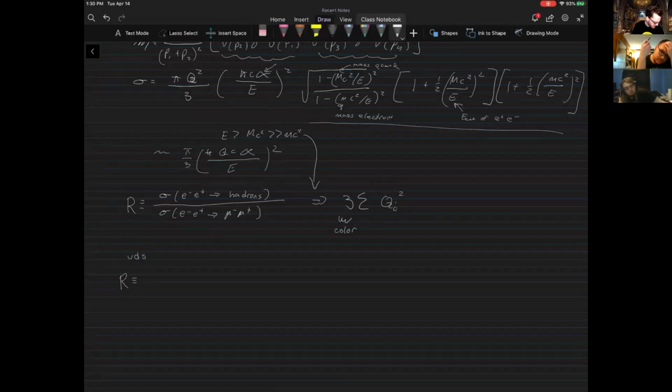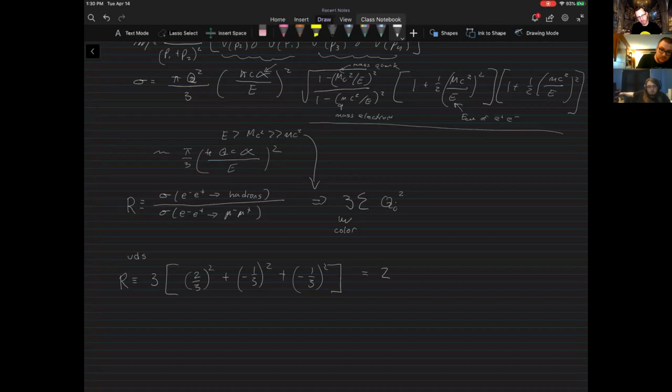It should just be 3 times that sum of the fractional charge on the quark squared. The up quark is 2/3, I square that. The down quark is -1/3 of a fundamental charge, squared. And the strange quark is also -1/3 squared. If you calculate, this ratio ends up being 2.